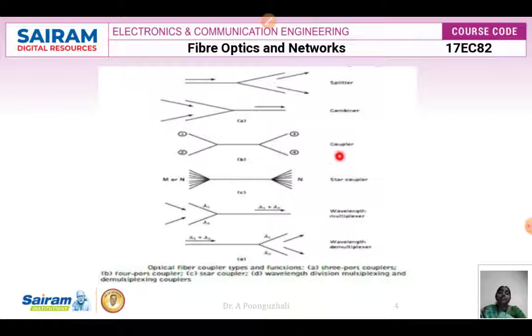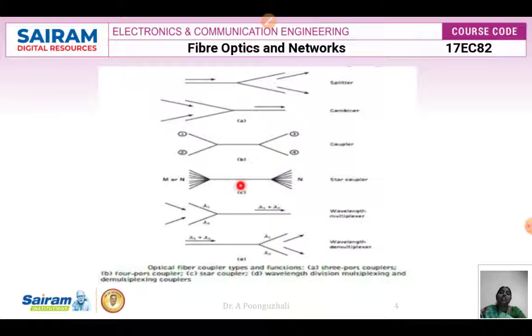Next is the coupler. This is your 4 port coupler, so I am going to have 4 ports. I can use one set of ports as transmitting ports and the other as receiving ports. Depending upon how we configure it, it acts as a 4 port transmitting coupler and a receiving coupler. Next is the star coupler.